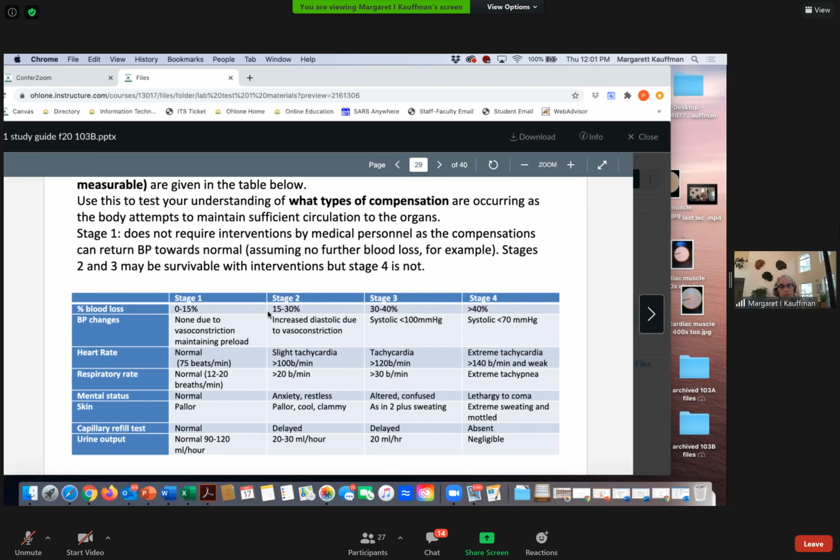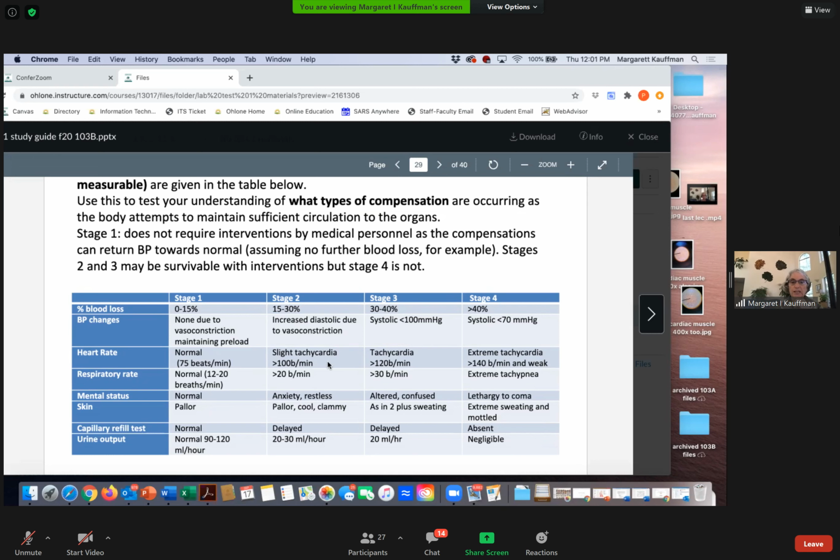Once you lose, and I won't test you on the percentages here, but somewhere more than 15%, then you're tending to see your diastolic blood pressure go up because you're doing so much vasoconstriction that the blood vessels are tighter and their diastole is higher.